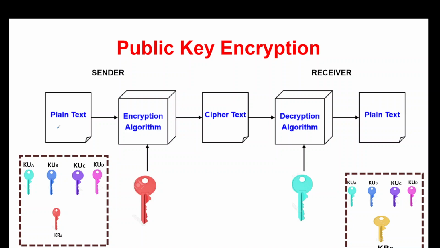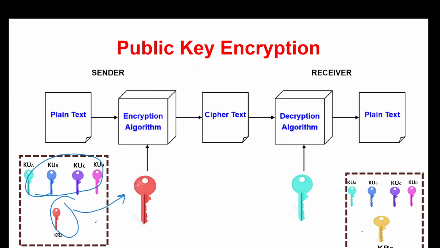Let us recall what we discussed in the previous video about public key encryption. We have a sender and a receiver. The sender knows the public key of all other users, but the private key of the sender is confidential to that user. Similarly, the receiver is aware of the public key of all other users and has its own private key.